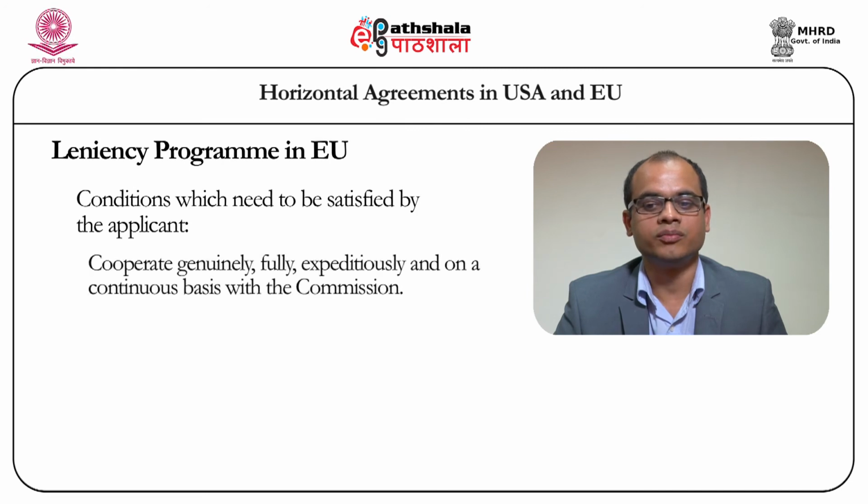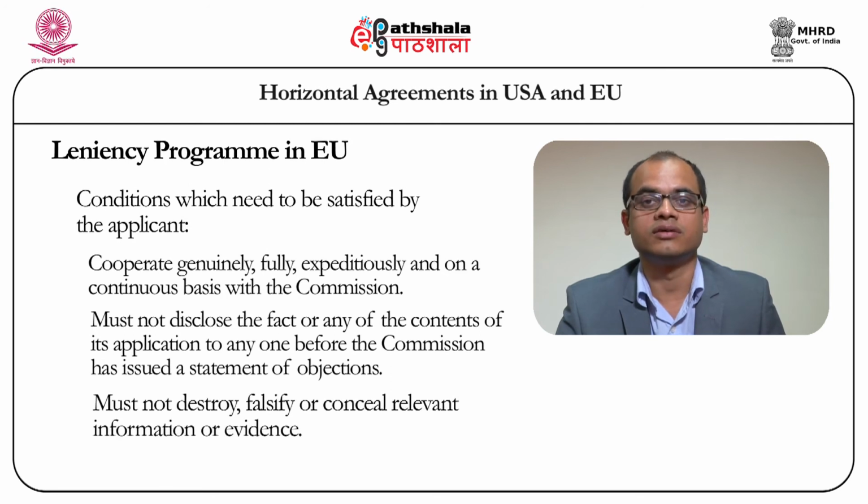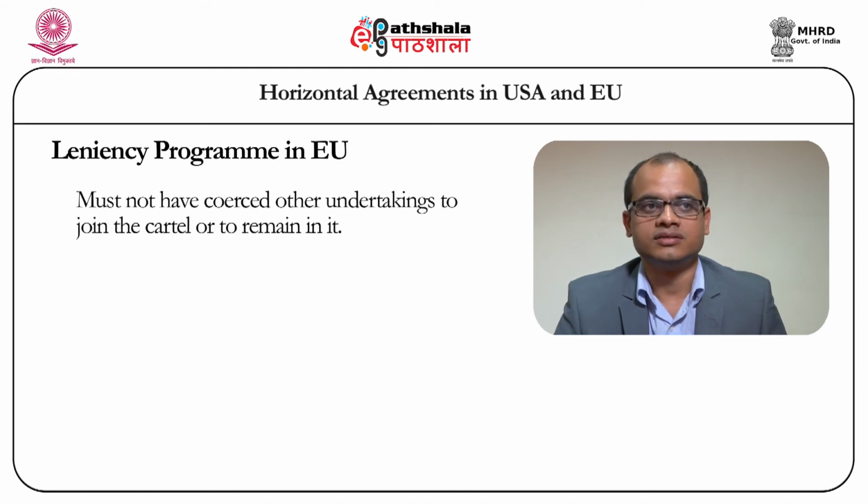The applicant for immunity must cooperate genuinely, fully, expeditiously, and on a continuous basis. The applicant must not disclose the fact or contents of the application to anyone before the Commission has issued a statement of objections. The applicant must not destroy or falsify or try to conceal the evidence. And the applicant must not have coerced other parties to join the agreement.